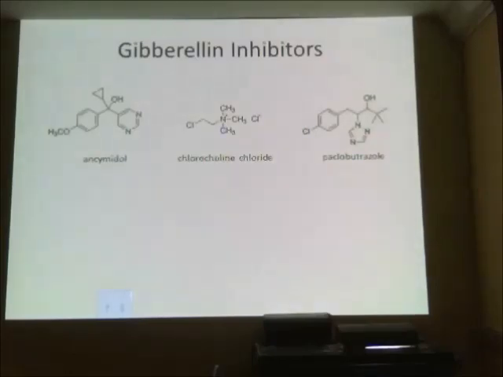But in fact, the reason for applying these in an agricultural situation is that they increase the yield of the potato tuber. So you'll get more tubers, and you'll actually get larger tubers per acre. So this is something that is sometimes used by farmers.